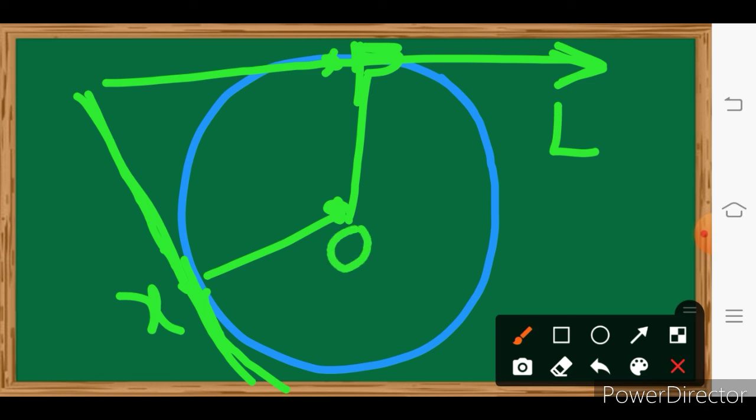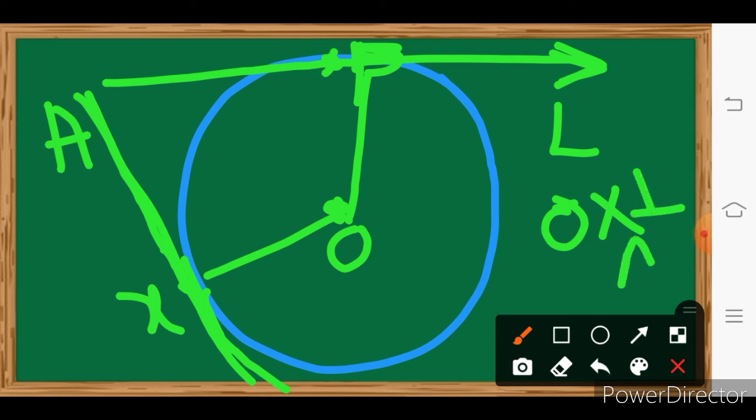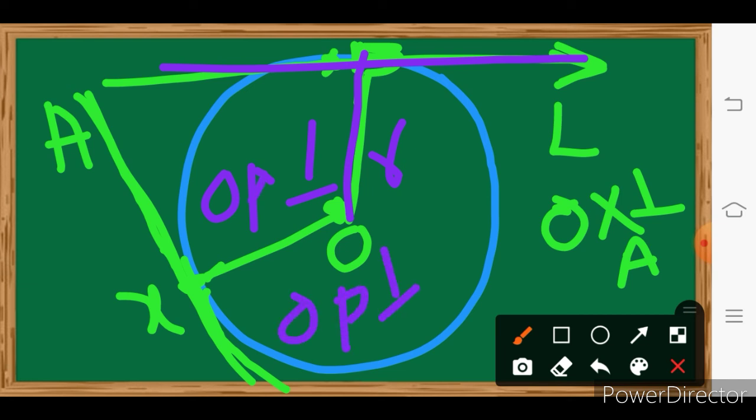Here this is the origin. OX is perpendicular to the tangent AX, and OP is a radius. OP is perpendicular to PL. This is called a tangent.